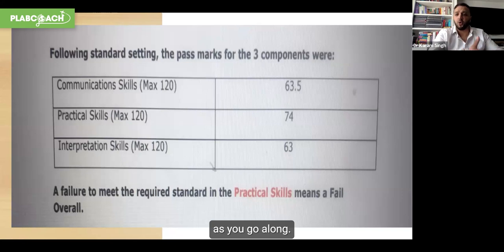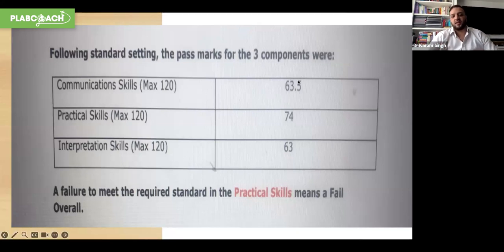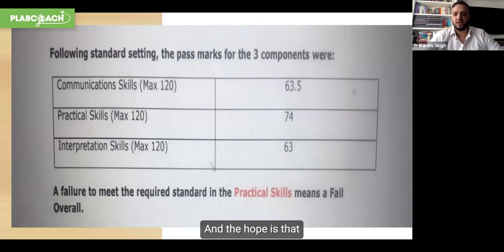The more correct things you show the examiner, the more marks you get. And obviously, if you beat the 3 marks, then you pass the exam. And the hope is that for all of you, there should be no reason why all of you can't pass, that you beat the mark in all of them.